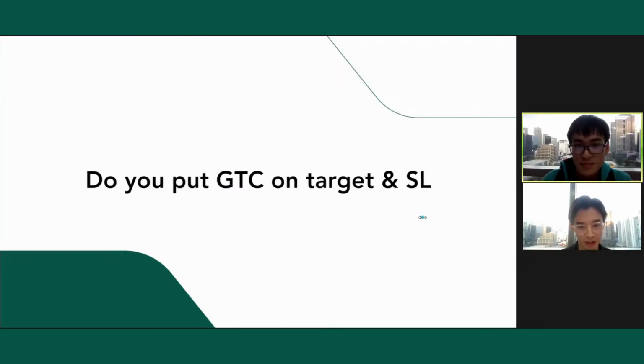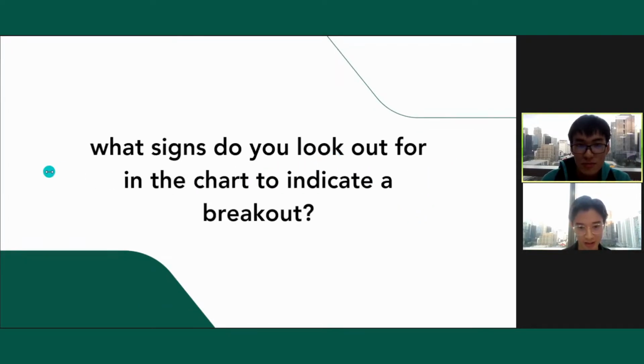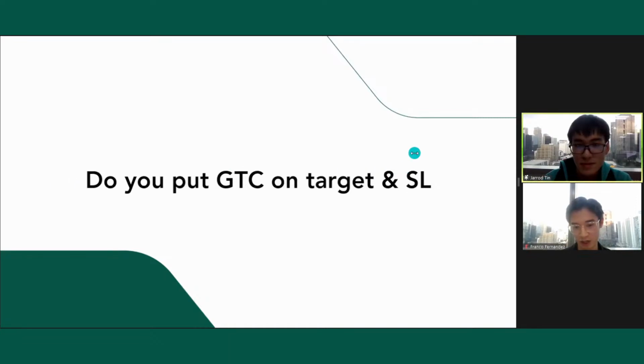Do you put GTC, which is good till cancel, on your targets and stop loss? For me, if you cannot monitor it and you want the orders to just stay there until it either hits your target or stop loss, then yes, you put a good till canceled order so that the order stays valid tomorrow, the next day, a week from now, a month from now, until it hits your target or stop loss.